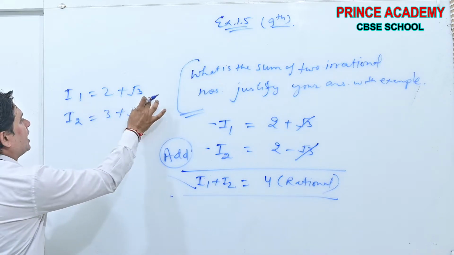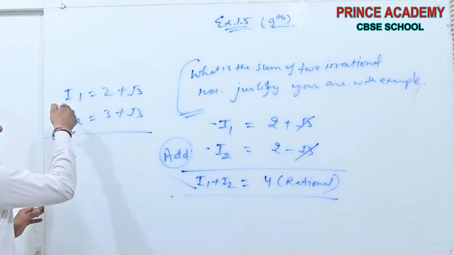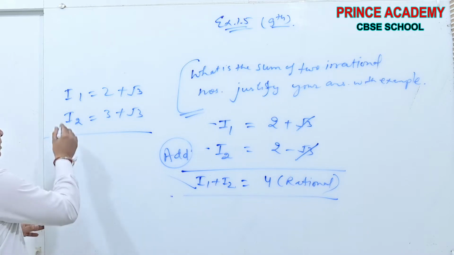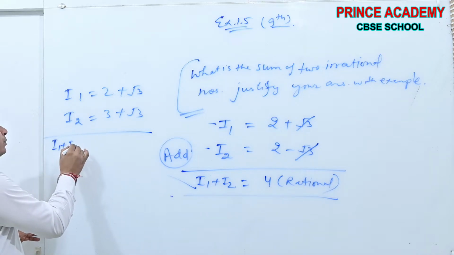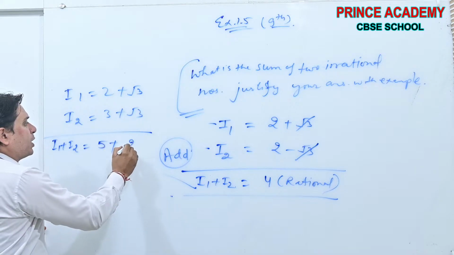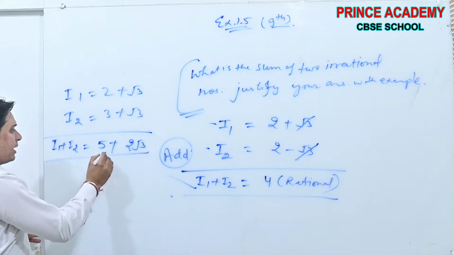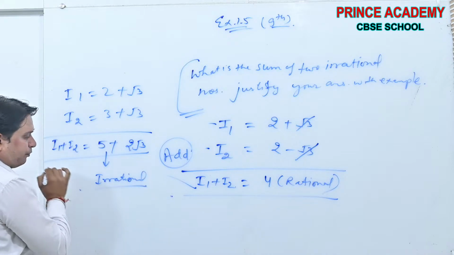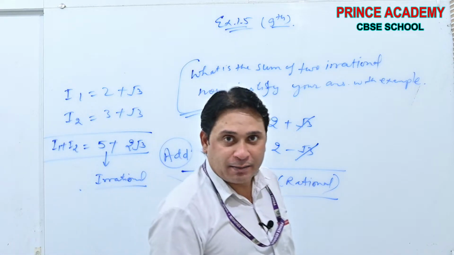This is irrational. Now take the sum. I1 plus I2: 3 plus 2 is 5, root 3 plus root 3 is 2 root 3. What is this? This is irrational. Are you getting my point?